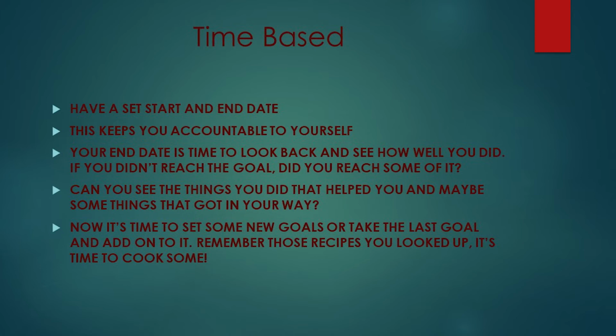So you've got your start point and your end point. You're going to do the same thing with your cooking. You're going to set aside half an hour on Wednesday, and I'm going to look at recipes and I'm going to write them down, or I'm going to put them onto a smartphone app, or I'm going to print them out. You've got a start point and an end point.